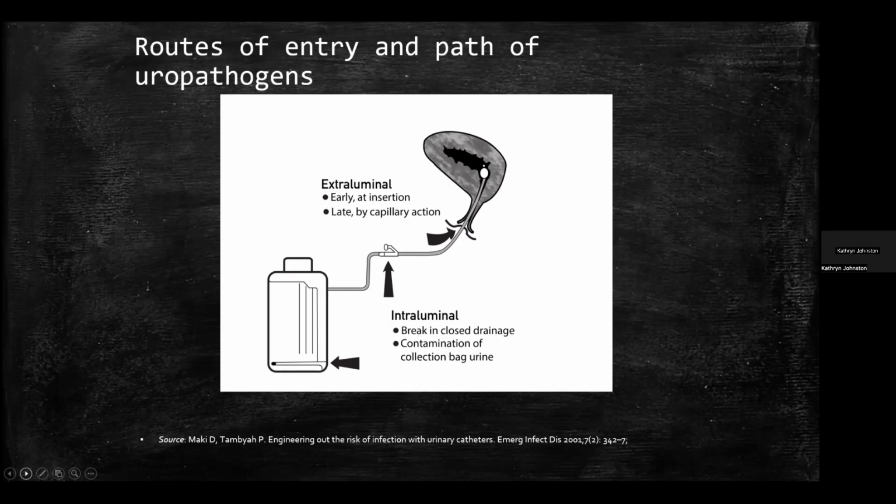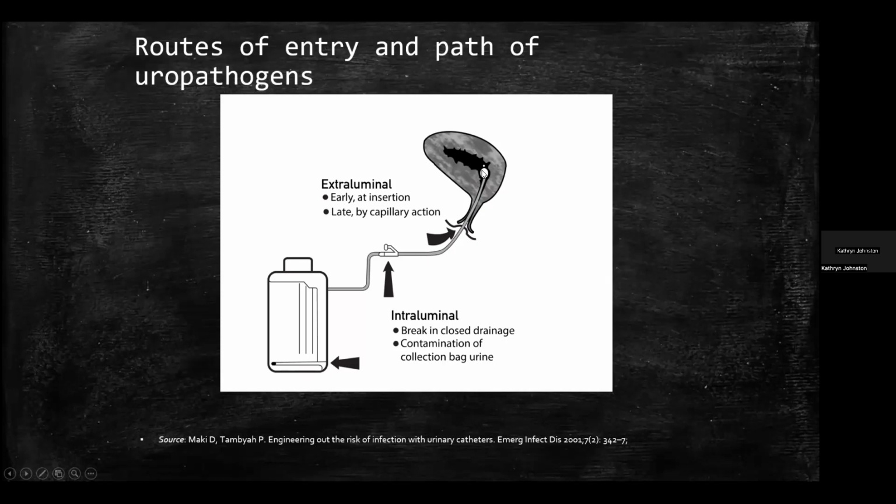But bacteria enter the urinary tract by two possible routes. So the first one is the extraluminal route. So that happens early at the site of insertion. So as the catheter is inserted, then there is an introduction of microbes that are placed and driven all the way up to the bladder, where they can then begin to multiply.